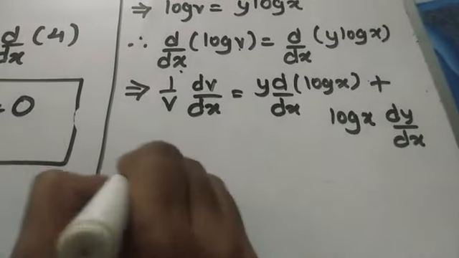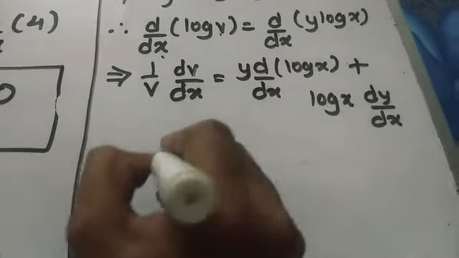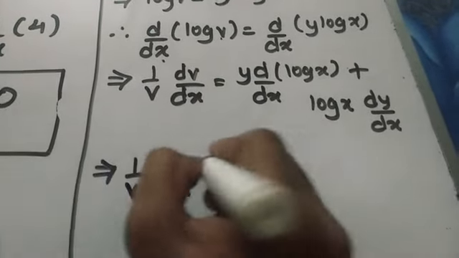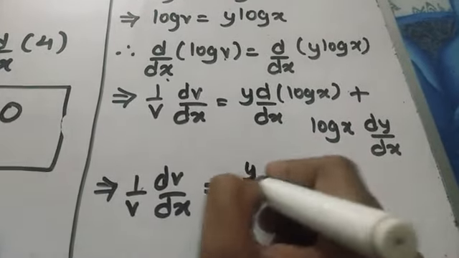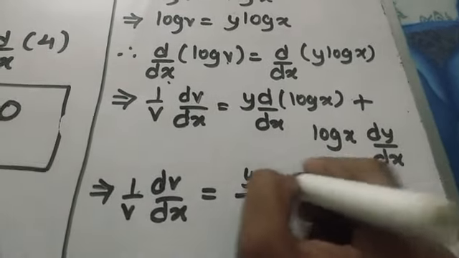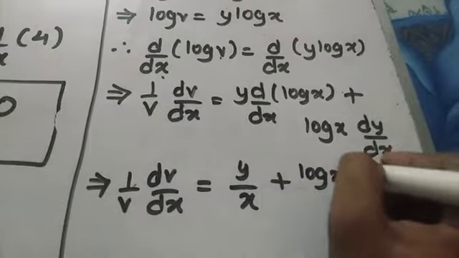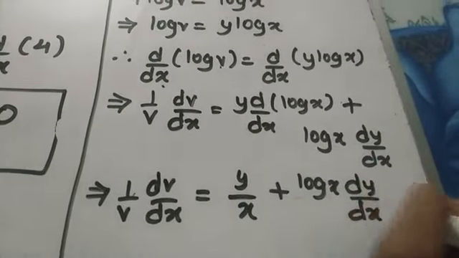So then 1 by v dv by dx equals to d/dx of log x is 1 by x plus log x dy by dx.